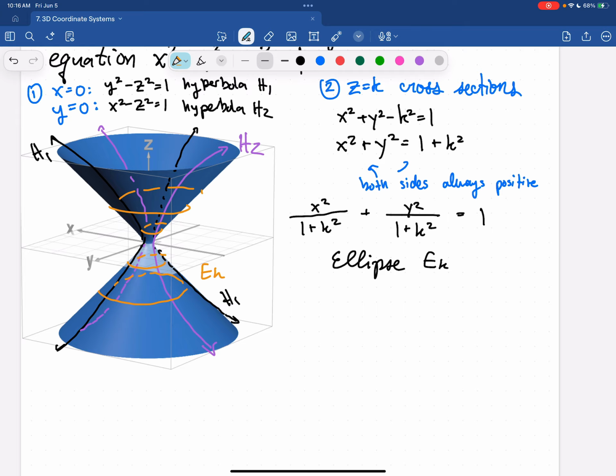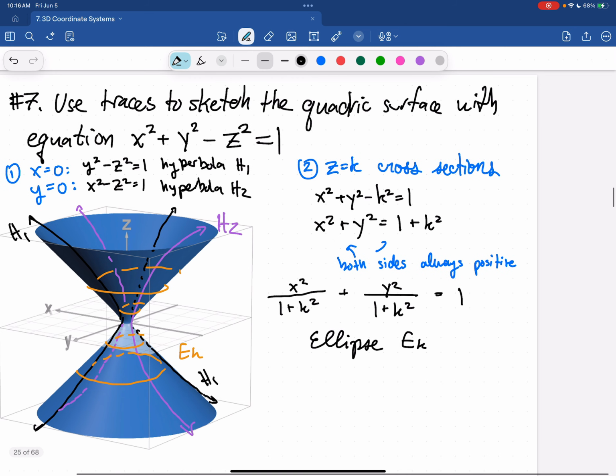In this particular case, this one is actually a circle because we have the same coefficient under both the x squared and the y squared.